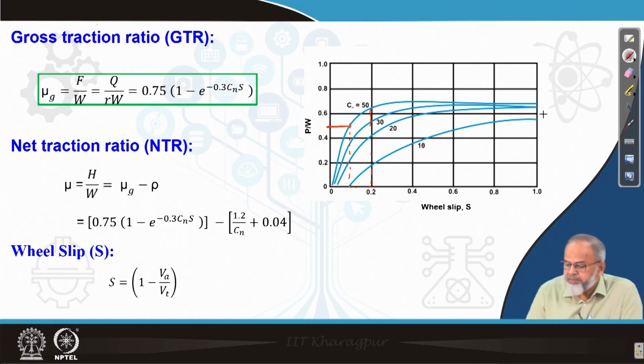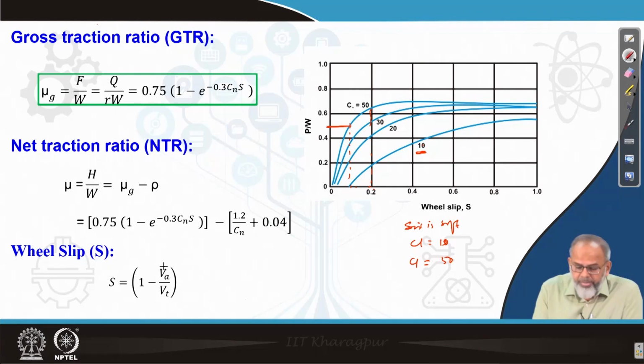What does 10 indicate? That means the soil is soft, and Cn 50 means the soil is hard. So, in hard soil, the pull or the coefficient of traction which is developed is much higher than in soft soil.